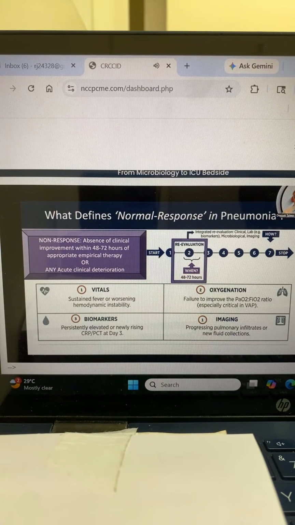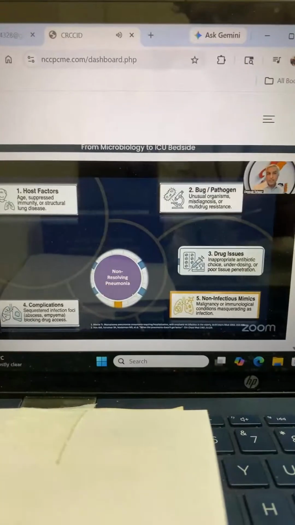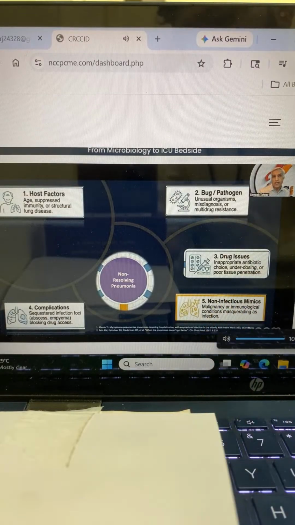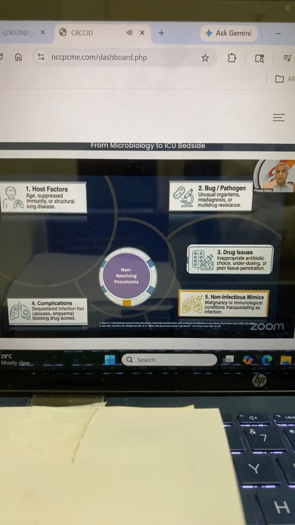As in the earlier slide itself, elderly people will take longer to respond, and you need to give that concession. If people have suppressed immunity or a structural lung disease like COPD, then also they will take much longer.